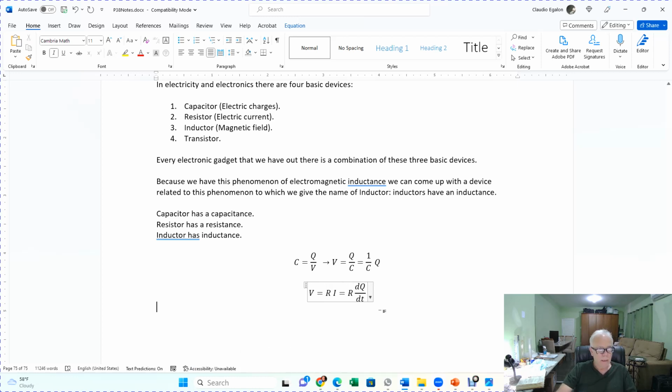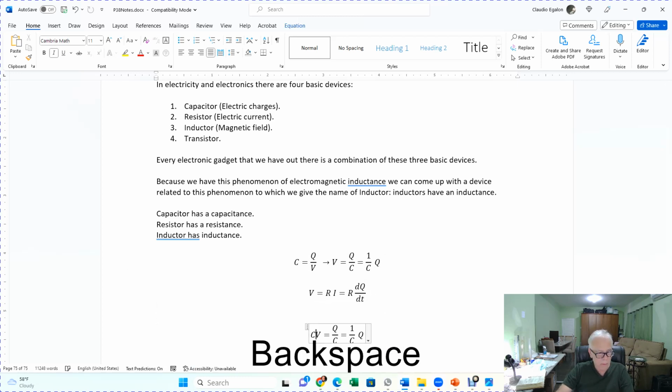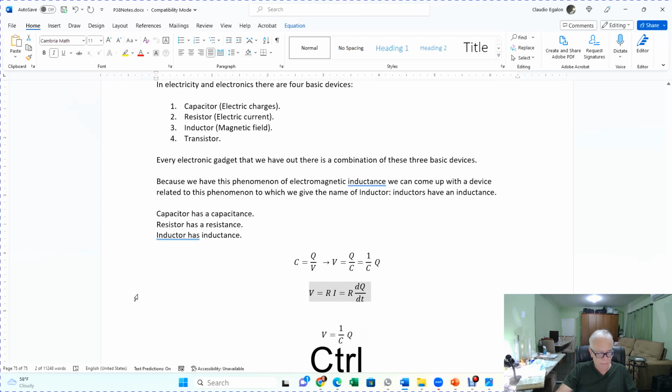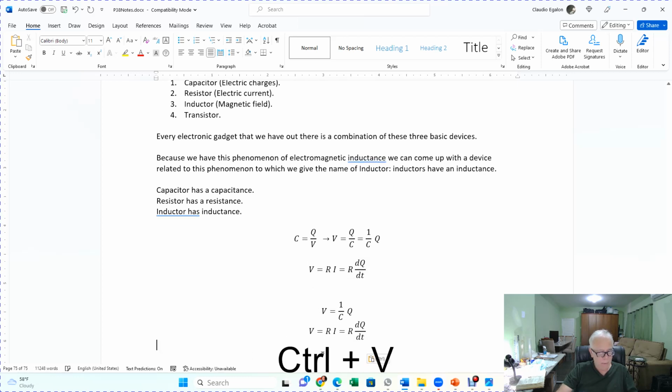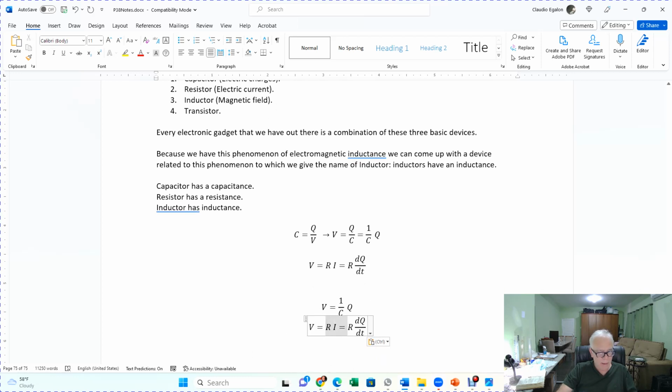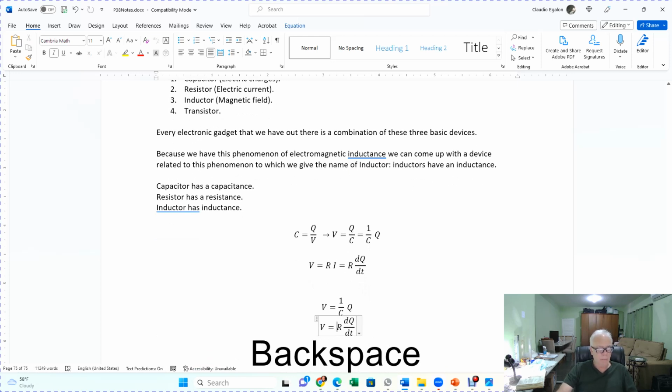Okay? And now I'm going to put them side by side. Okay, here we go. So you can visualize it better. And then we're going to go for the next step.